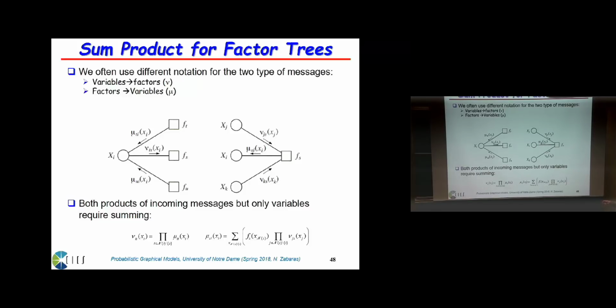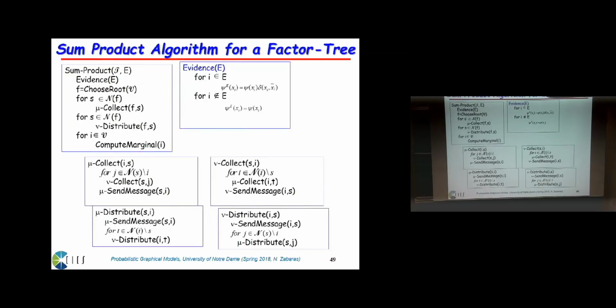Similarly, for the message from a node to a factor, you have to find the product of all the messages coming from all other factors, except this one, that are neighbors of xi, multiply them, and that will do the job. So the algorithm is a carbon copy of the algorithm we have seen for trees.